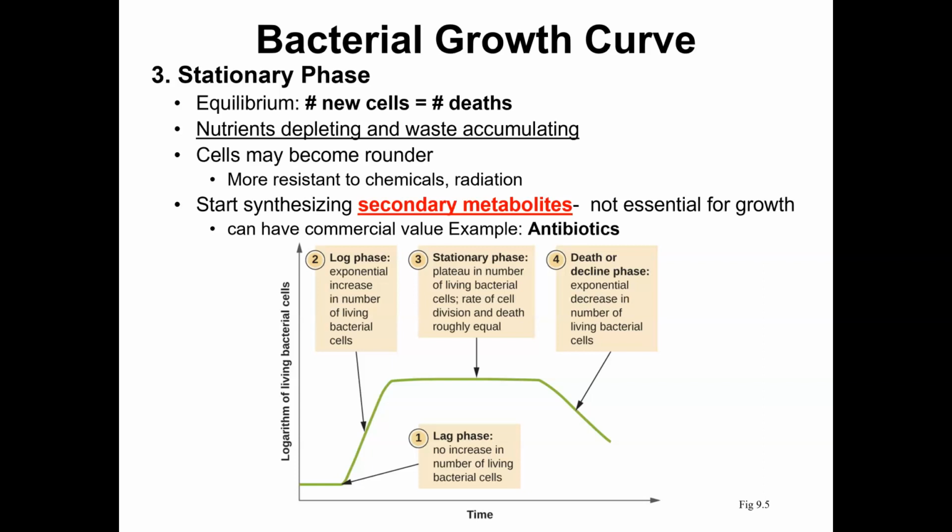These are molecules produced in response to stress. So, classic example, antibiotics. Bacteria aren't going to be making antibiotics when they're happy. They don't need them for growth. But you bet they will make them when they're stressed out, when they think they're being attacked.